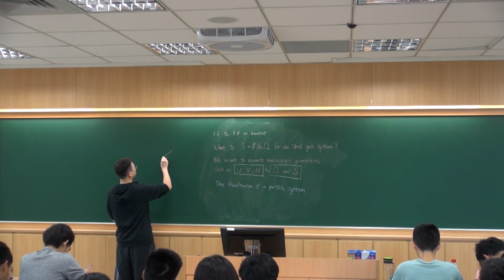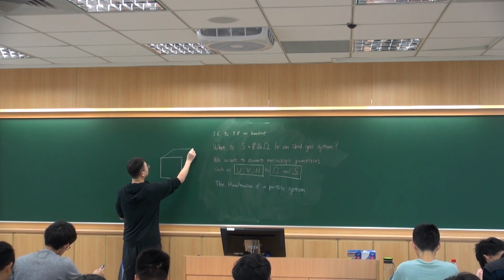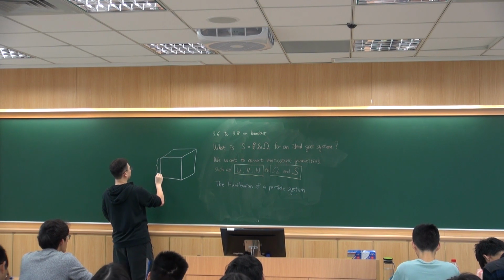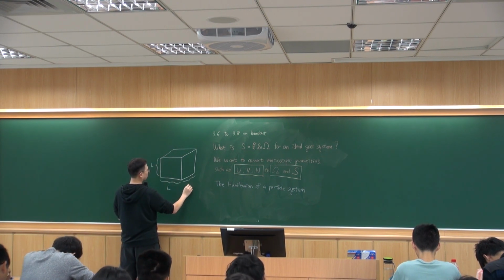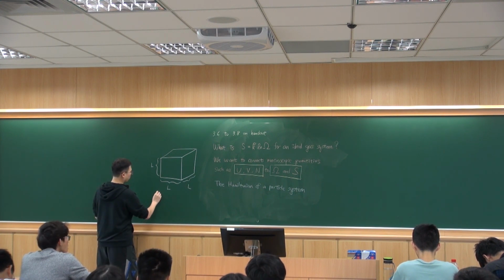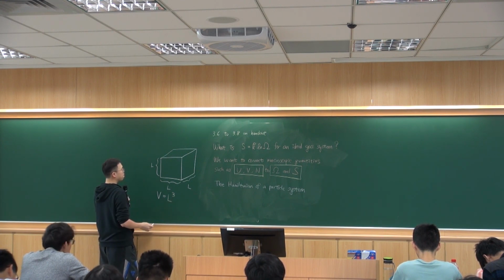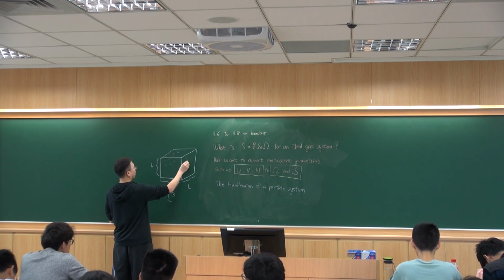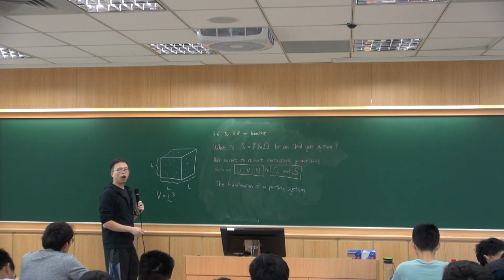Let's say the ideal gas that we want to talk about is confined in a box with dimension L, and therefore the volume of this box is L to the 3. The particles are confined inside, and they're behaving like an ideal gas, which means that the particles don't have interaction with each other.